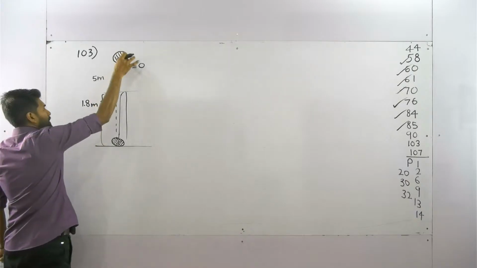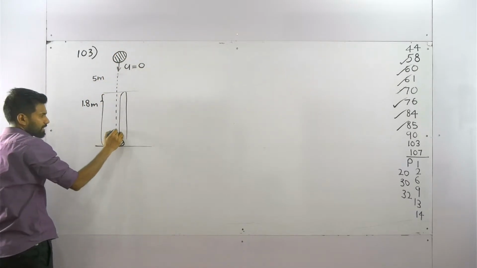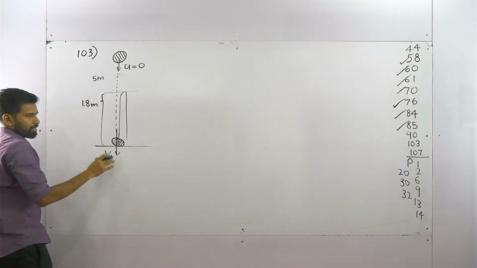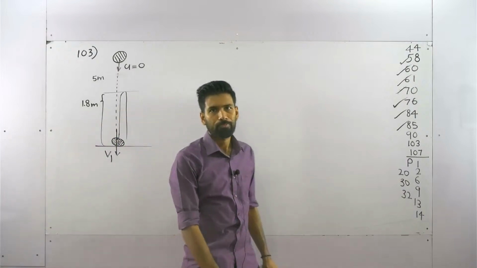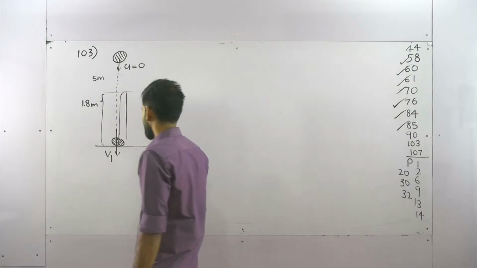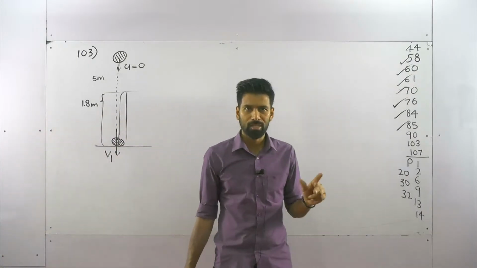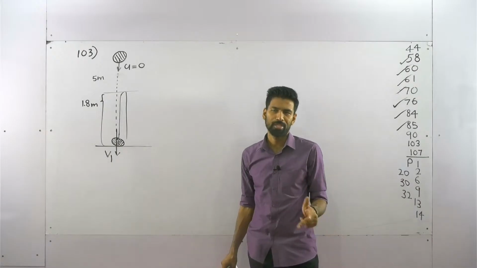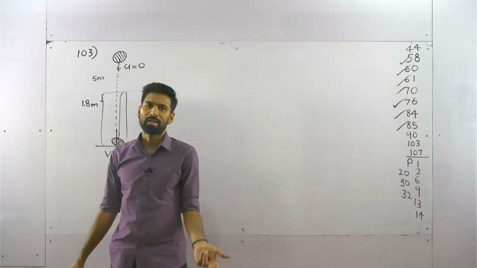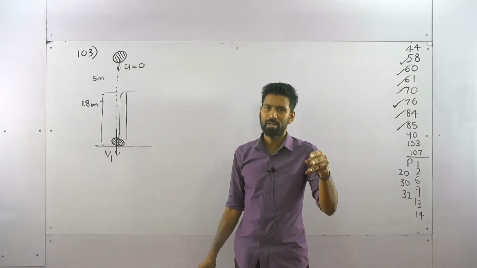Okay. Initial velocity is 0. It's 5 meters and it will come and hit the ground with the velocity v1. When hitting the ground, it will lose some of its velocity. It will change the direction also. When it hits the ground, some of its energy is destroyed, turned into heat, sound, and other things. So the remaining kinetic energy will be lesser than the kinetic energy when it hits the ground.